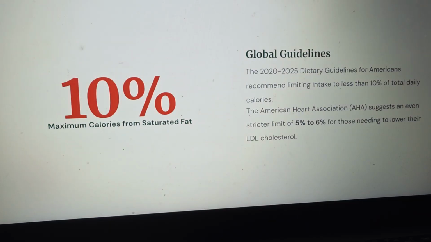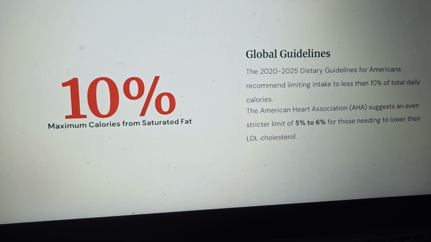Okay, what is the recommended level of saturated fat? In most cases, scientists recommend that we maintain saturated fat intake at less than 10% of the calorie intake. What does the global guideline say? The 2020 to 2025 Dietary Guidelines for Americans recommend limiting intake to less than 10% of total daily calories.